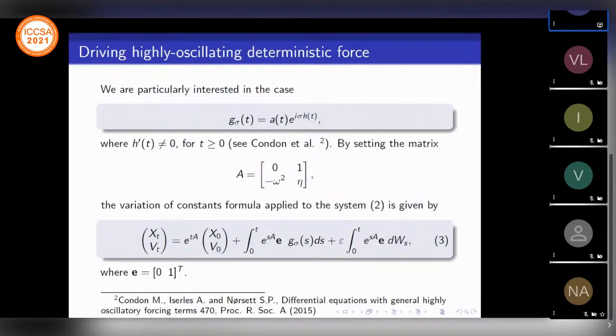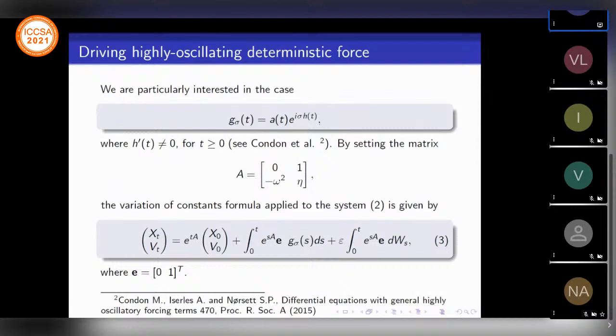We suppose that it has the form a of t multiplied by the exponential of i, the imaginary unit, times sigma, which is the frequency of the force, times a function of t, which we denote by h of t. This is very typical in the deterministic model. We can see, for instance, the work by Condon, Iserles, and Nørsett.